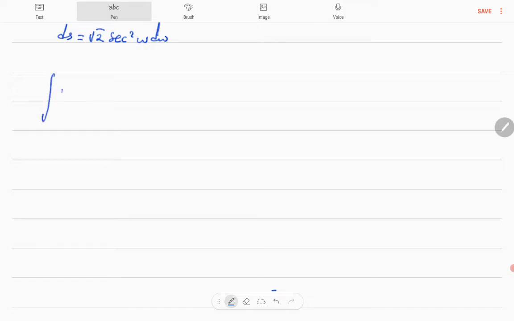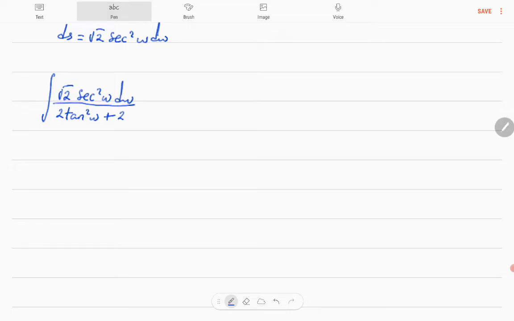Integral of root 2 sec square w dw divided by 2 tan square w plus 2.